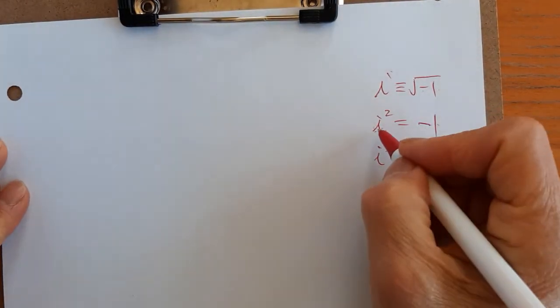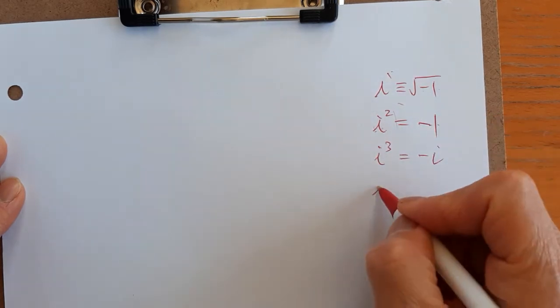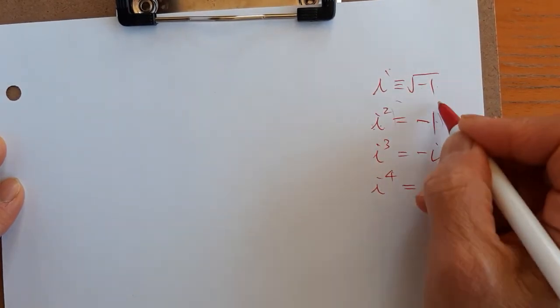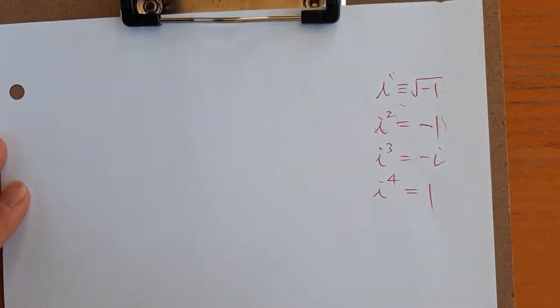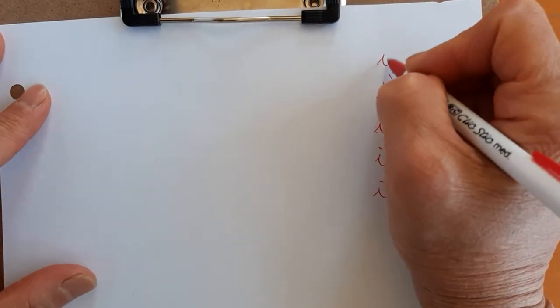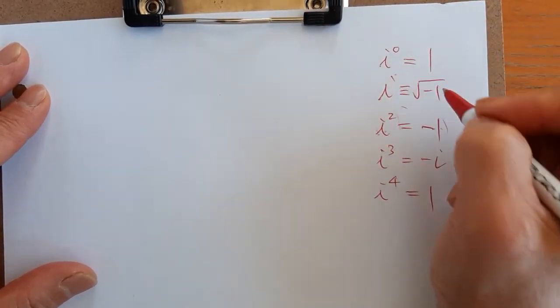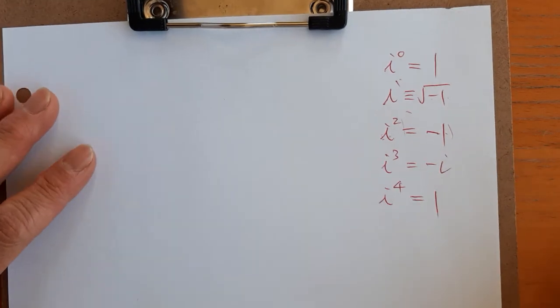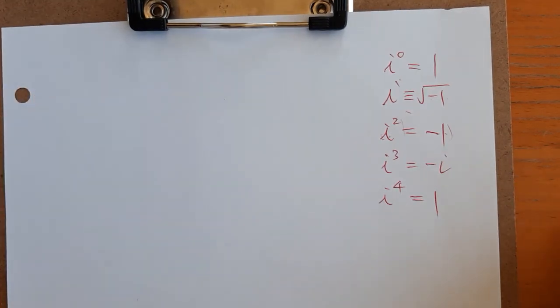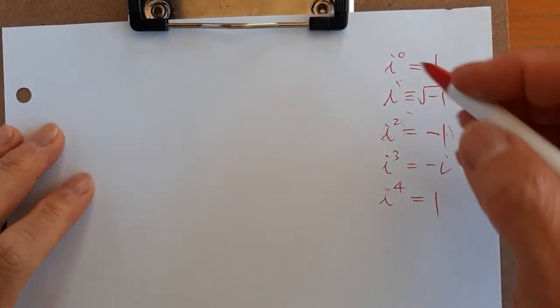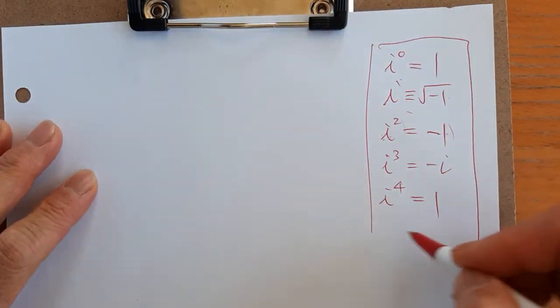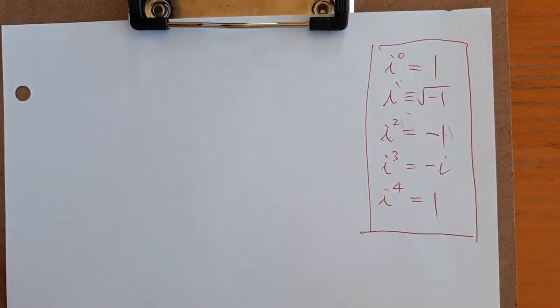And then i to the power 4 equal negative 1 squared becomes positive 1. Then you add one more: any number to the power 0 is equal 1. And this can be proved. So we got these basic formulas.